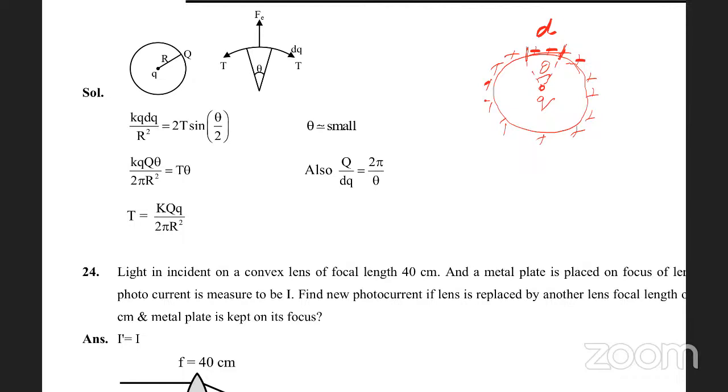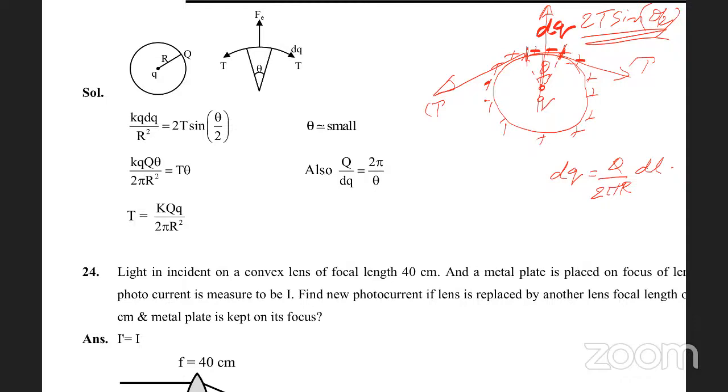The charge on this element is dq. So dq is equal to the total charge by total length into dl. If I resolve this tension into two components, T is the tension, and the total component is 2T sine theta by 2.